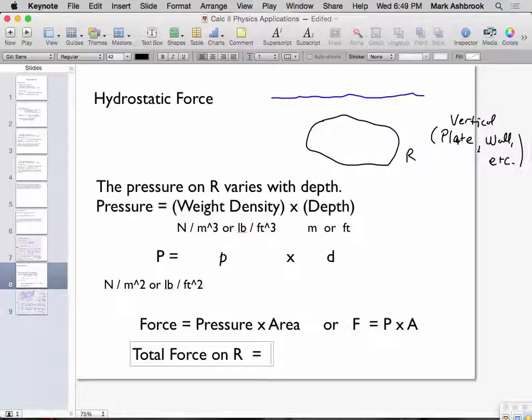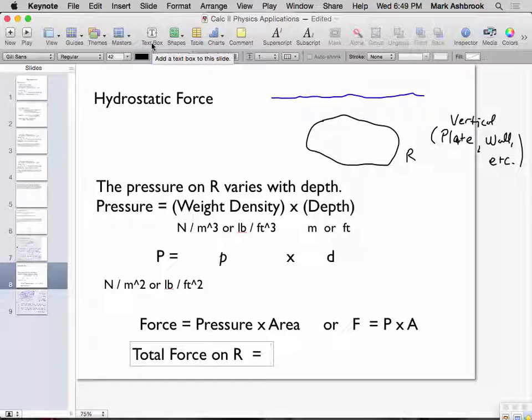We want a total force on R. So our strategy is going to be what? Area times the pressure. Okay, kind of, but more broadly than that. Yeah, we're going to total up all the little bits of force.